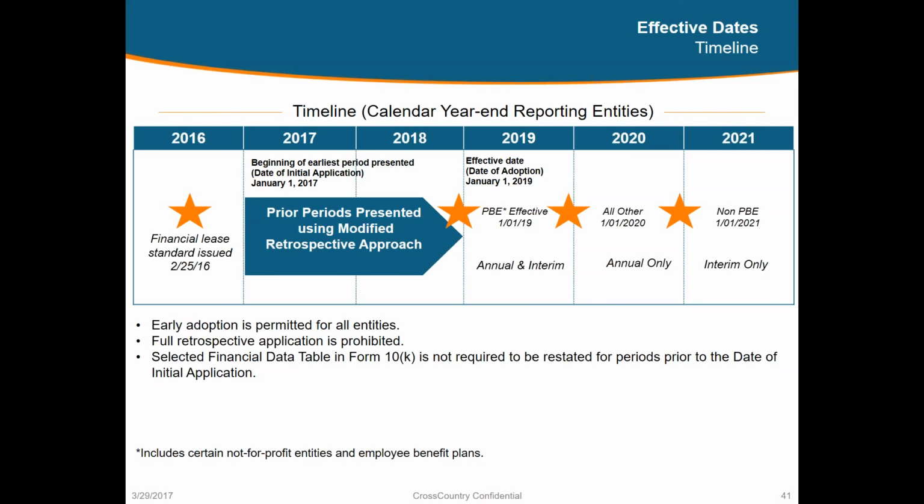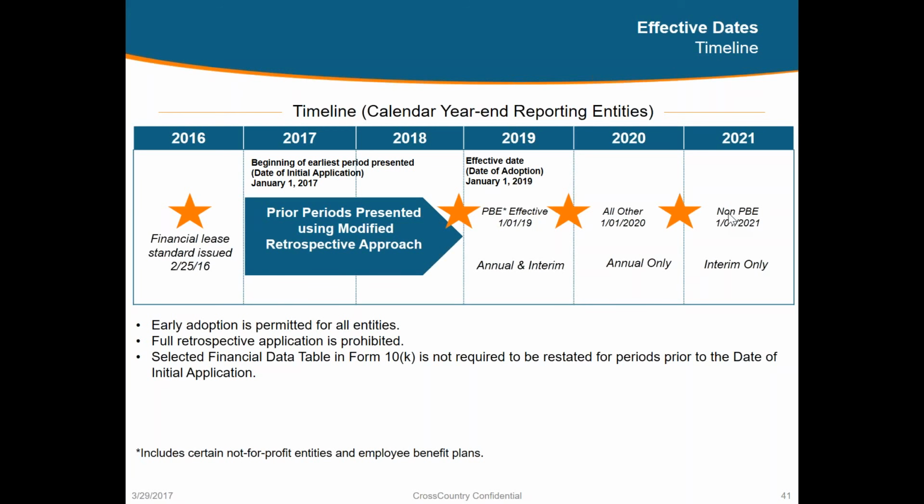For a year-end public reporting entity, generally the earliest balance sheet presented in accordance with topic 842 will be December 31st, 2018. The earliest income statement presented with topic 842 applied will be the full year ended December 31st, 2017.